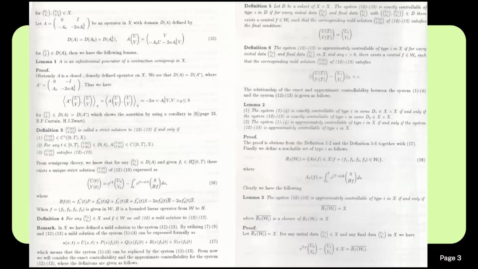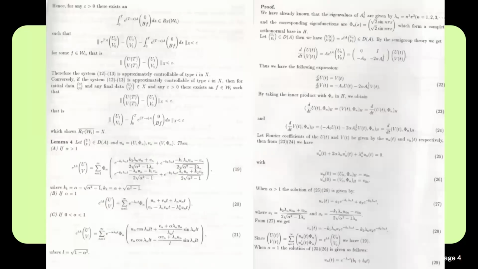Then we come to a conclusion, lemma 3: approximate controllability if and only if the reachable set is dense in X. Then we come to lemma 4.